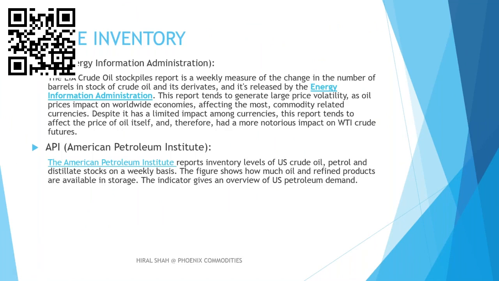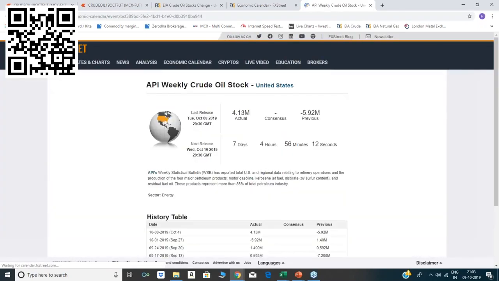The American Petroleum Institute, API, reports inventory levels of US crude oil, petrol and distillate stocks on a weekly basis. This comes every Tuesday night at 2:30 a.m. according to Indian time. And this gives us an overview of the US stock inventory.